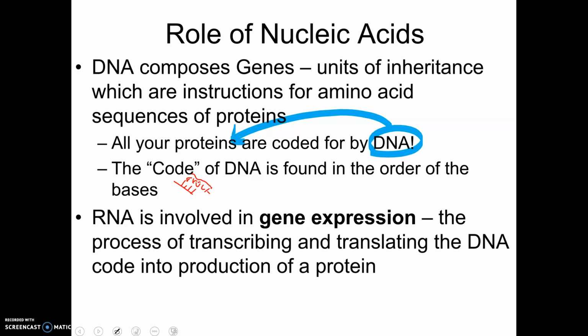Now, the difference between DNA and RNA, and this is really important. DNA is your blueprints. It doesn't actually build anything. It's just like having a book of instructions. When you need a particular protein, you have special signals that go off that tell your cell, hey, we need more insulin, or we need more melanin, we need more lactase.